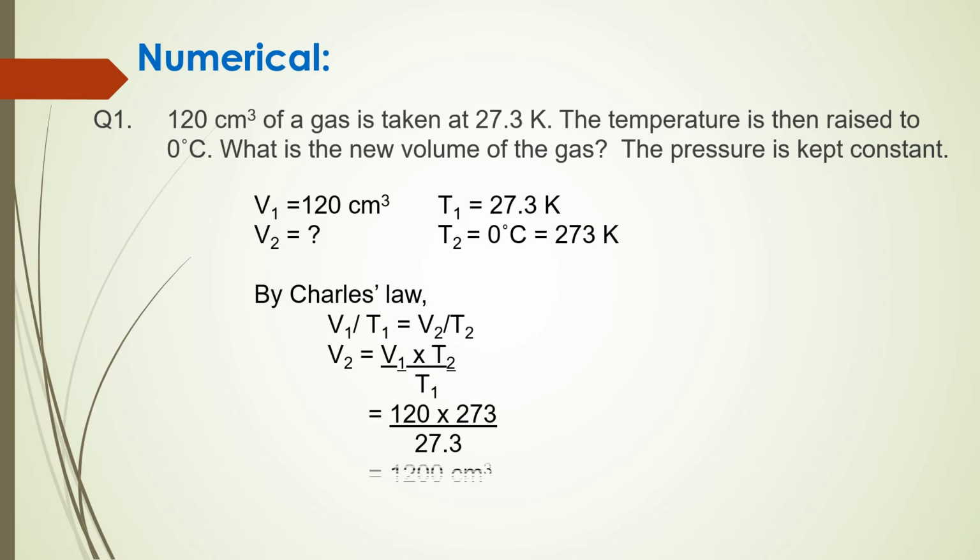Now when we solve this, we get a value of 1200 centimeter cube. So we can conclude that the required volume is 1200 centimeter cube. So always remember, when the temperatures are given in different scales, we have to bring them into one scale, and that is absolute scale or Kelvin scale.